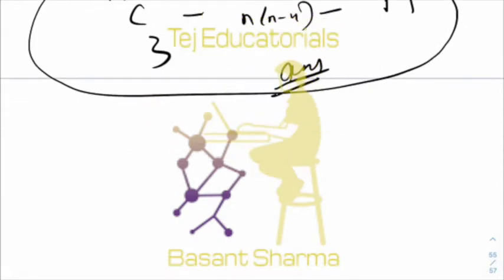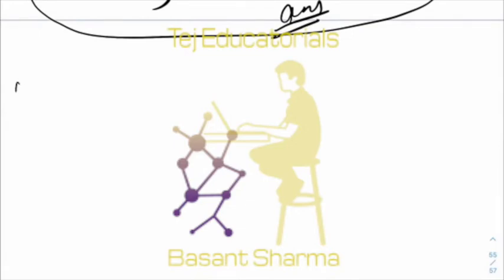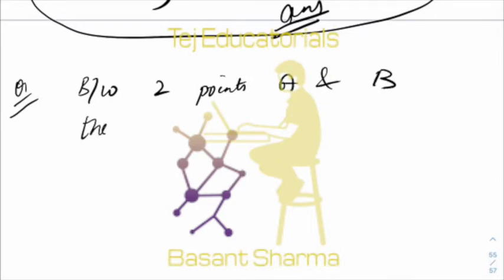All right, so let's move ahead. The next question is, between 2 points A and B, there are 15 intermediate stations.